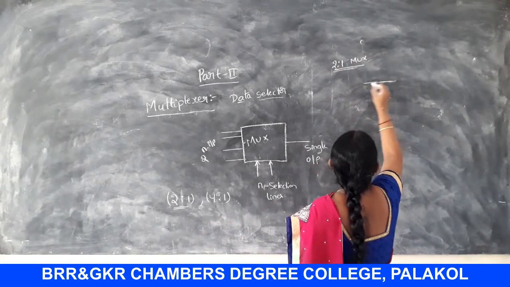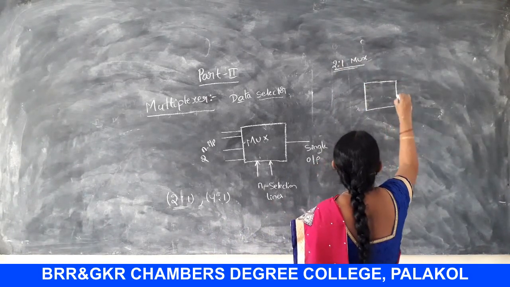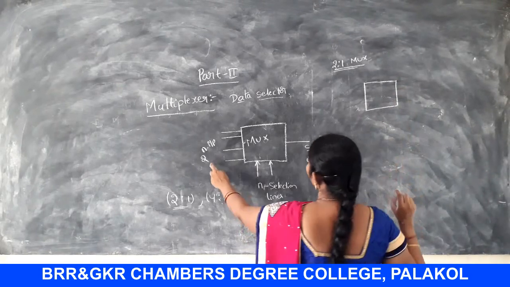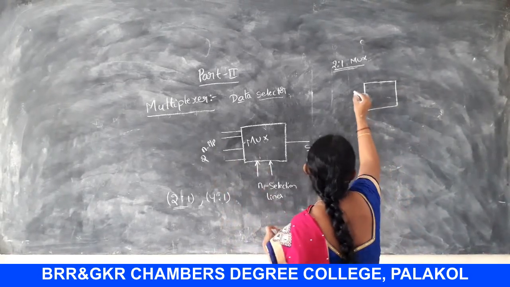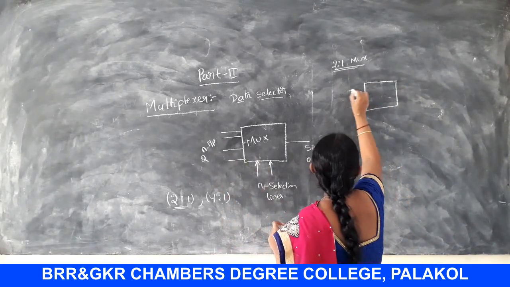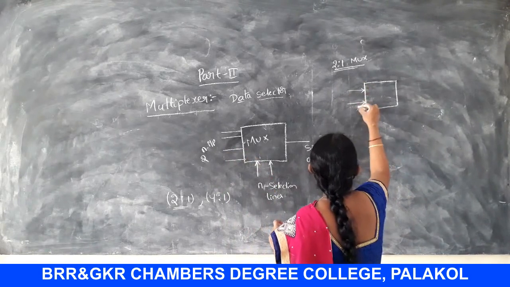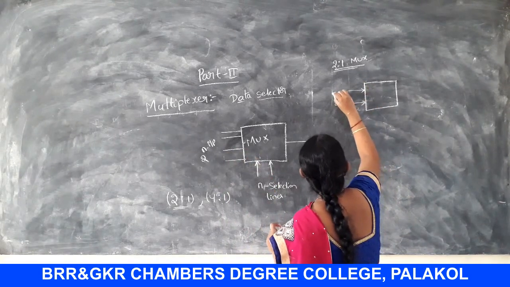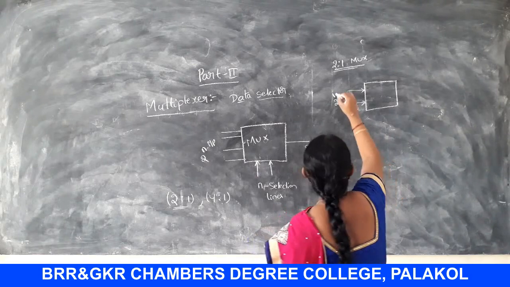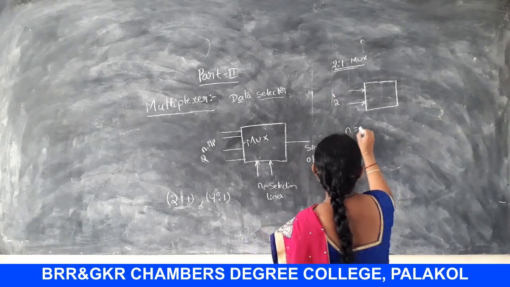Now we will draw the block diagram for 2:1. When you apply 2 power n number of inputs, how to write these 2 inputs in powers? That is 2 power 1, so n is equal to 1.